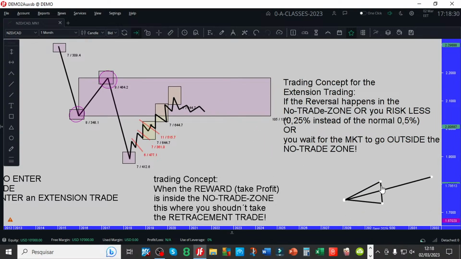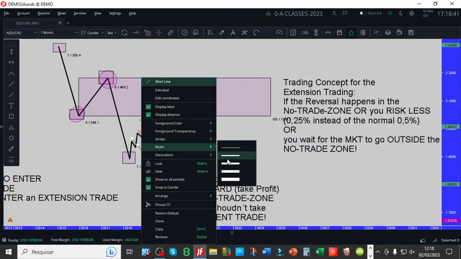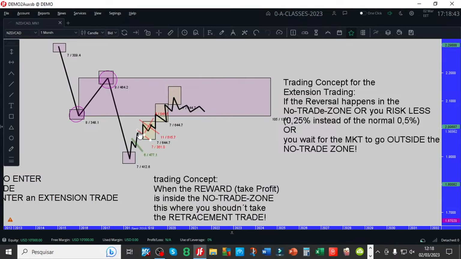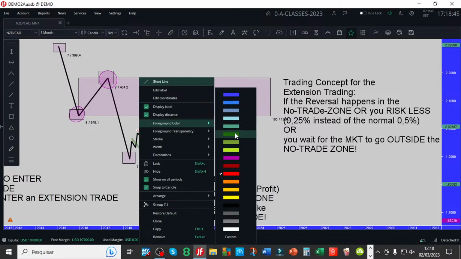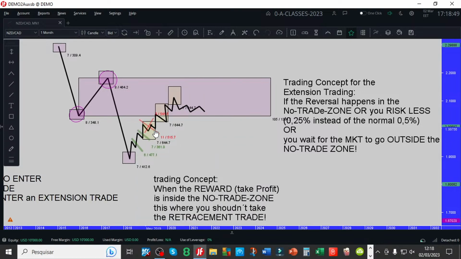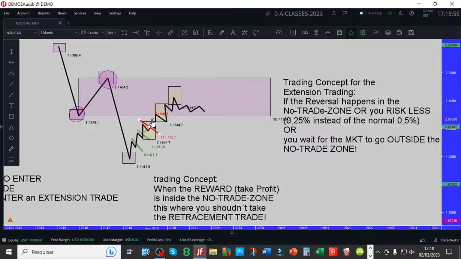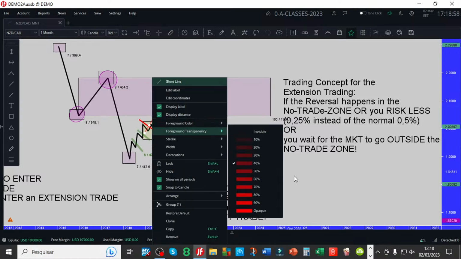So let's do it like this. So this shouldn't be that, so this is wrong, right? We're going to color code this in green. This was the OK trade. And here you have the red cross, not OK entry.